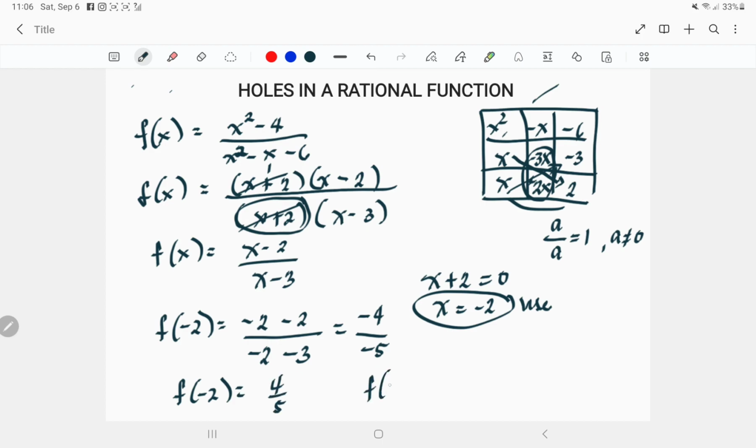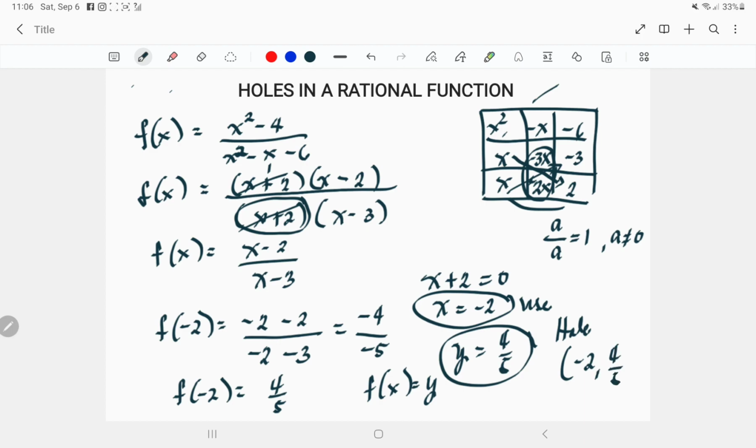And of course, f of x is equivalent to y, so we have y equivalent to 4 fifths. And that is the y-coordinate of the hole of the function. So the hole is located at the coordinate negative 2, 4 fifths. And if you graph this, it will become a hole in the graph of the rational function.